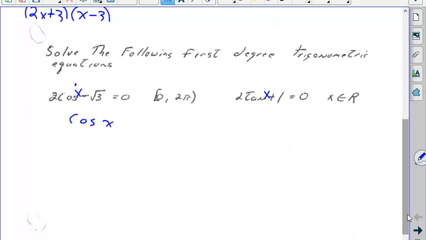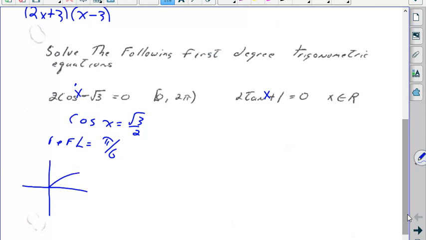Cos x is equal to square root 3 over 2 when we solve it for cos x. Hey, that's our special triangle, so my reference angle is pi over 6. Again, I have mine in my head. If you have to look at it, I don't really care. That is what you need to do to get through this.